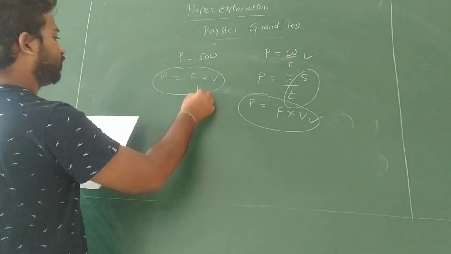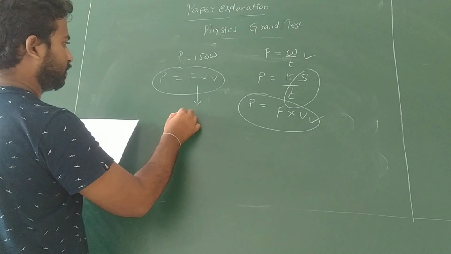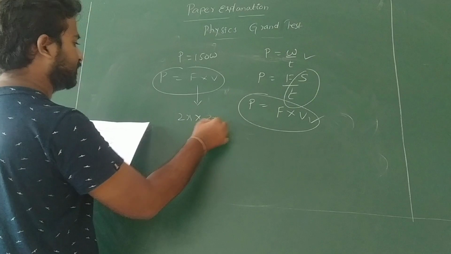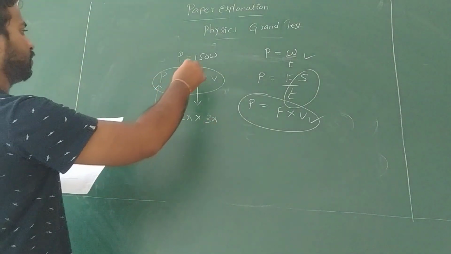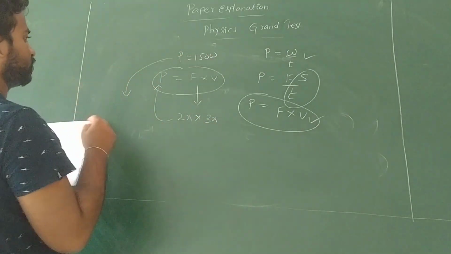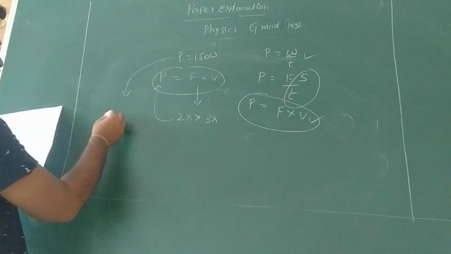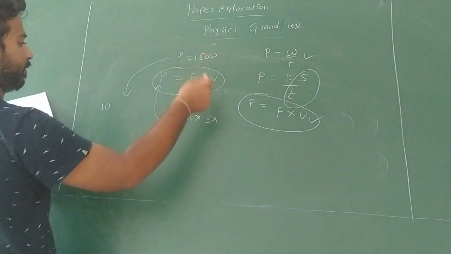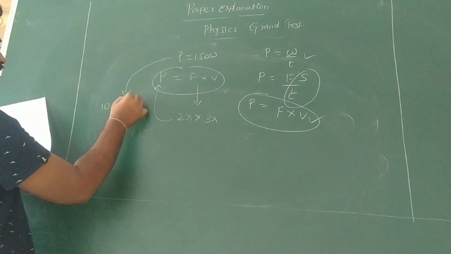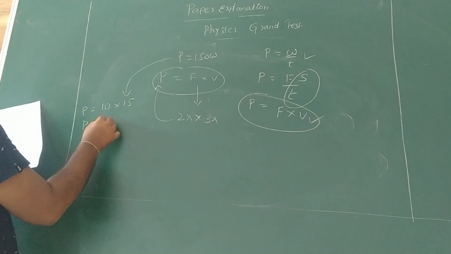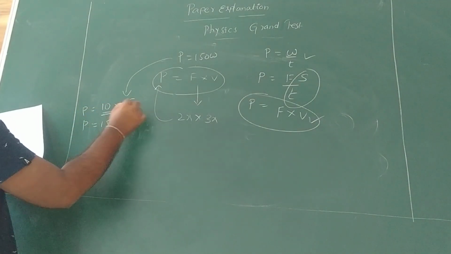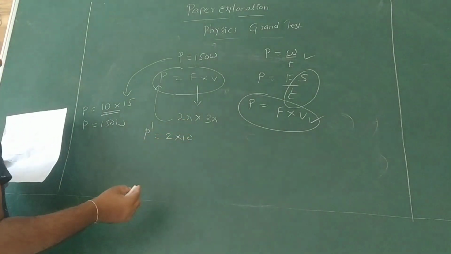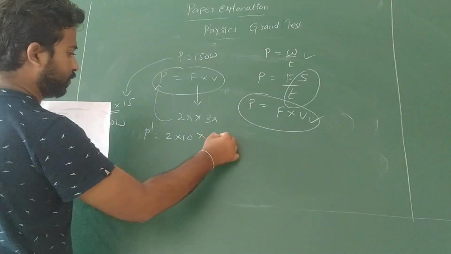For example, if the unit of force is doubled, 2x, and if the unit of velocity is tripled, 3x, then what is the new power? According to this, power equals 150 watt. Suppose I take force as 10 and velocity as 15, then power equals 150 watt. Substituting these values, the new power P dash equals 2 into 10 into 3 into 15.